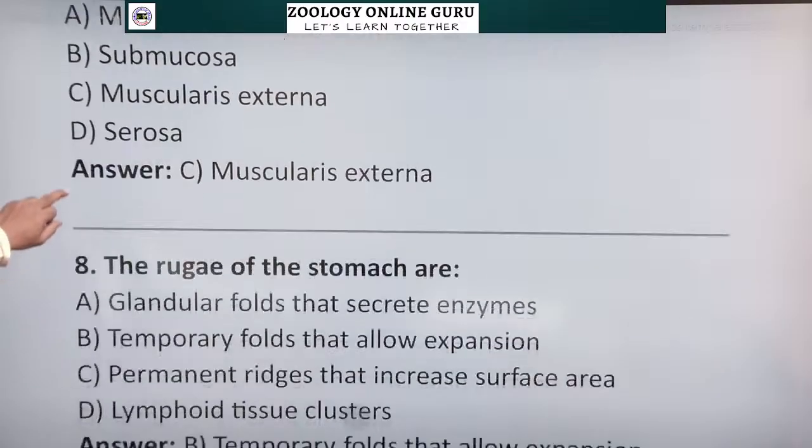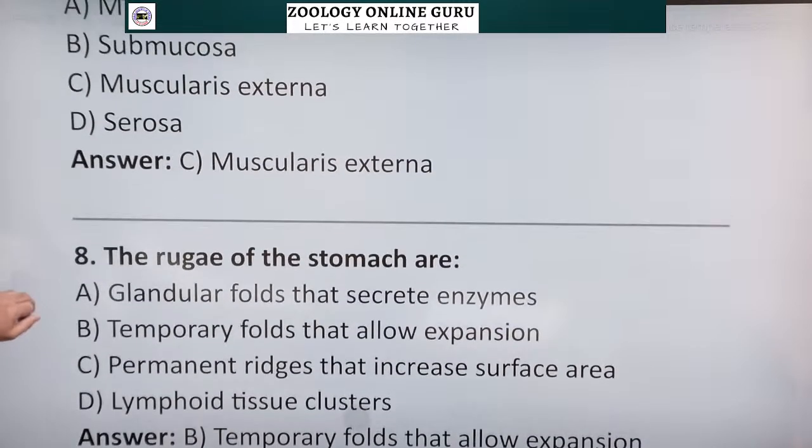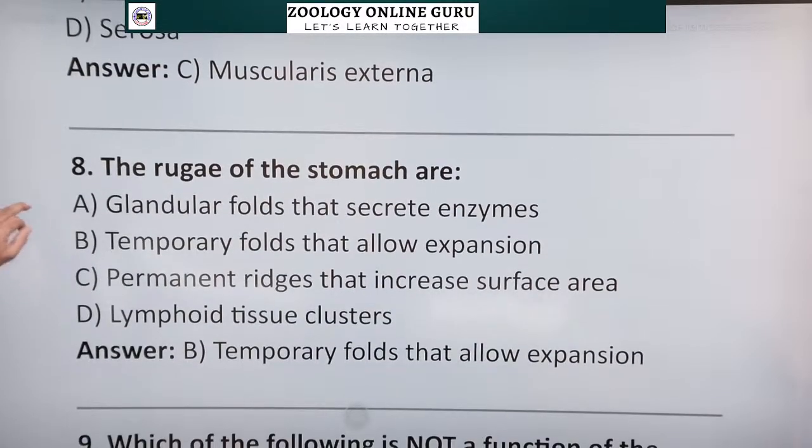And number 8, the rugae of the stomach are: glandular folds that secrete enzymes, no; permanent ridges that increase surface area, no; lymphoid tissue, no. They are temporary folds that allow expansion. This is called the rugae of the stomach area.